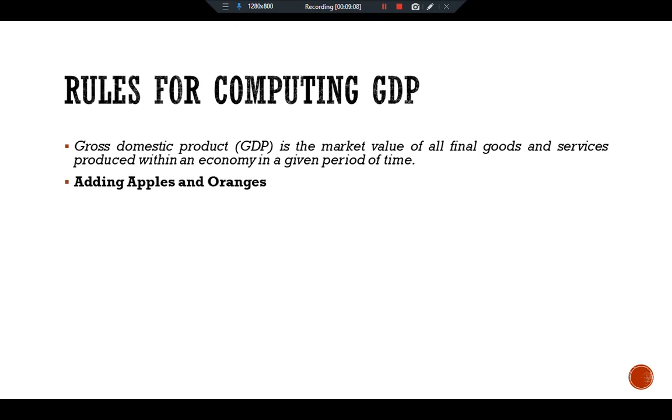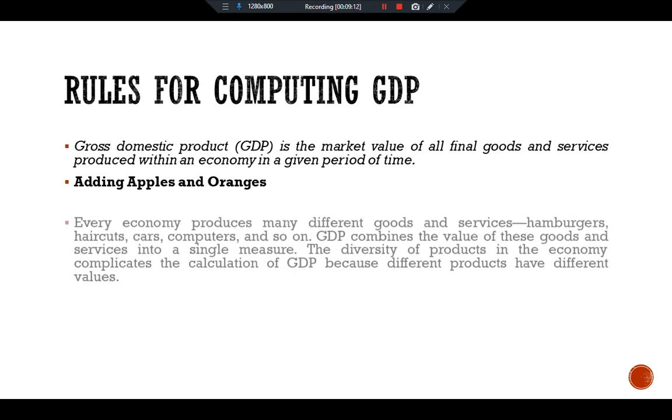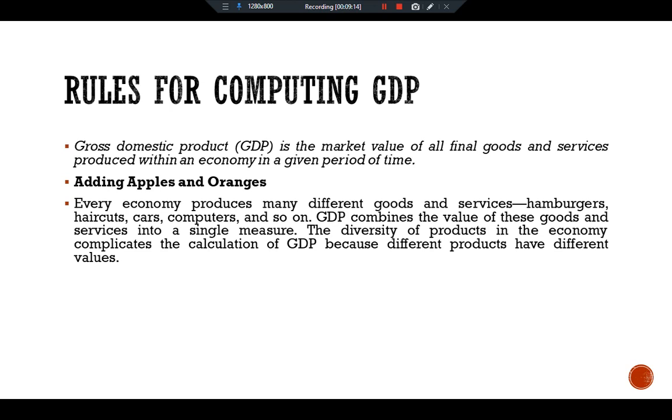The first one is adding apples and oranges. Every economy produces many different goods and services like hamburgers, haircuts, cars, computers, and so on. So GDP combines the value of these goods and services into a single measure. The diversity of products in the economy complicates the calculation of GDP because different products have different value.